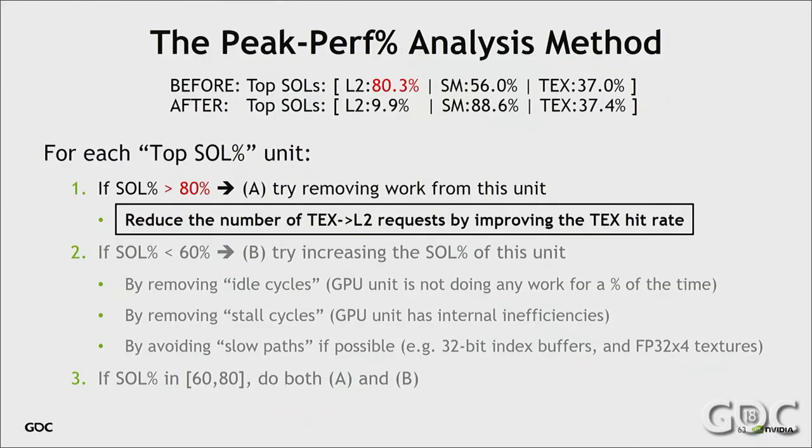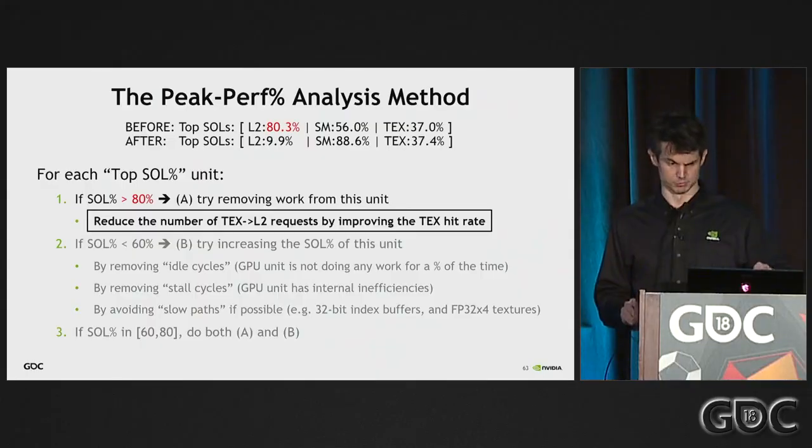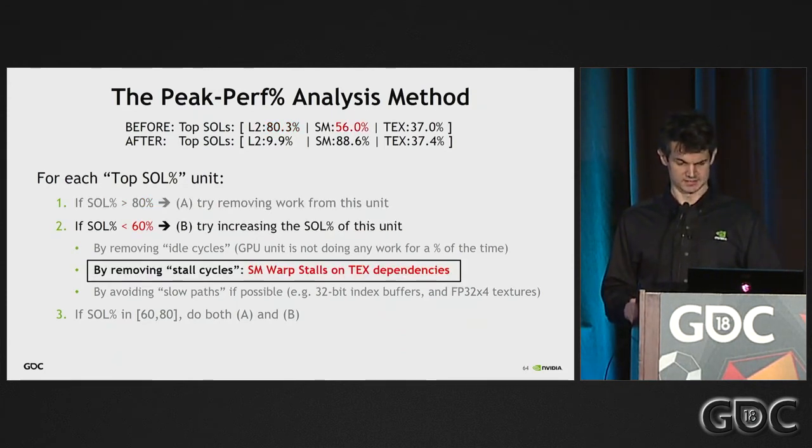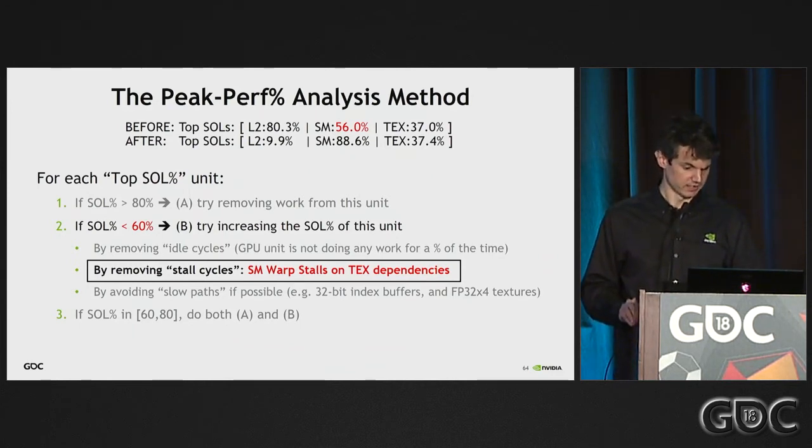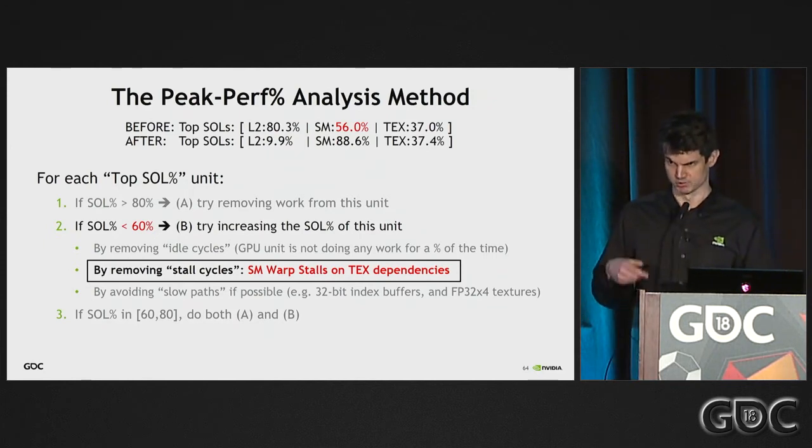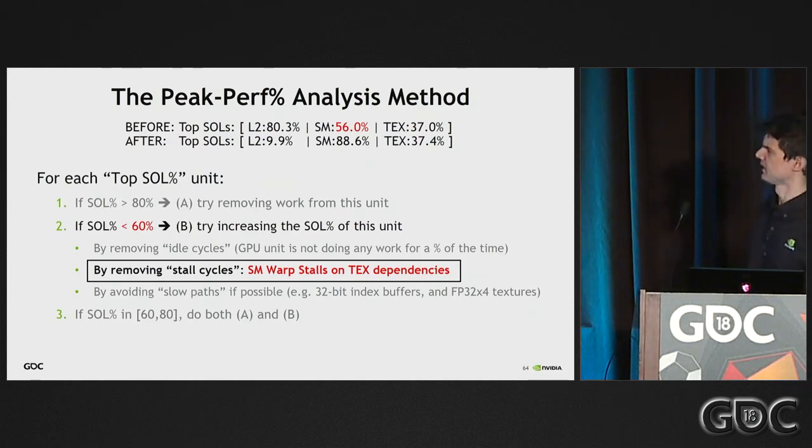Now looking at how it fits into the method, we started from this L2 limited situation and we started by optimizing for the L2. So after doing the interleaved rendering and reducing the texture misses, we got the L2 to be 9.9%. We also looked at the SM having a poor utilization, 56%, and by reducing the long scoreboard problem by doing the partial loop unrolling, we got that SM speed of light percentage to be 88.6%.